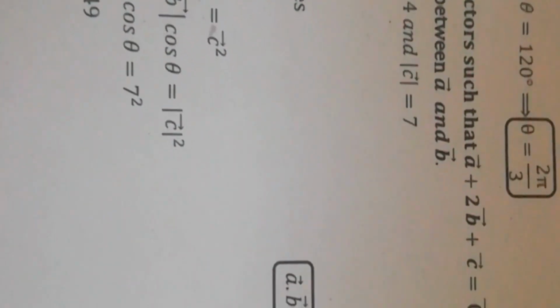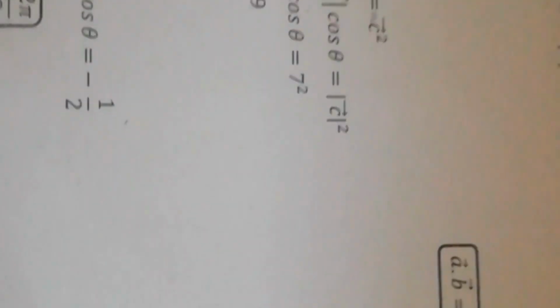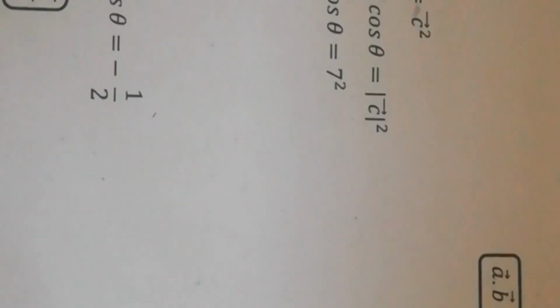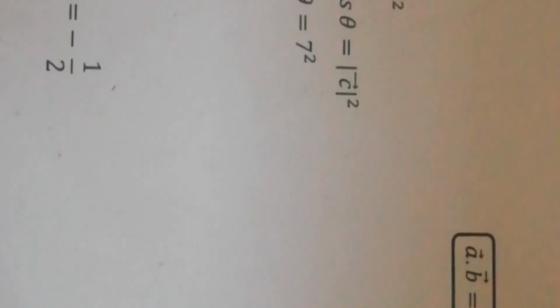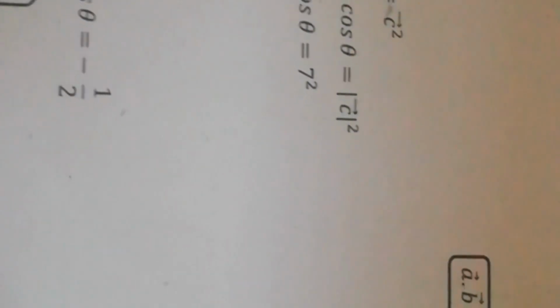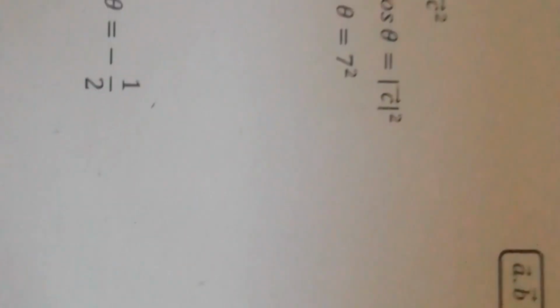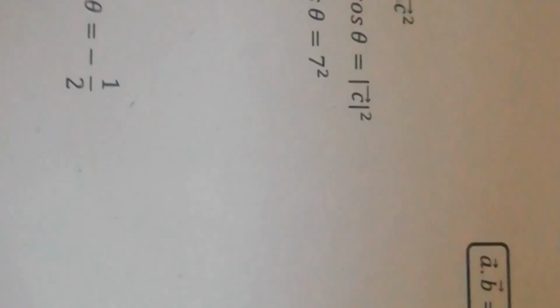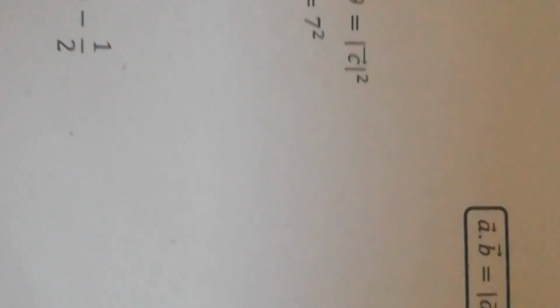Take this: A vector plus 2B vector plus C vector equals 0. So A plus 2B equals minus C vector. Squaring on both sides, we get (A plus 2B) whole square equals (minus C) whole square.